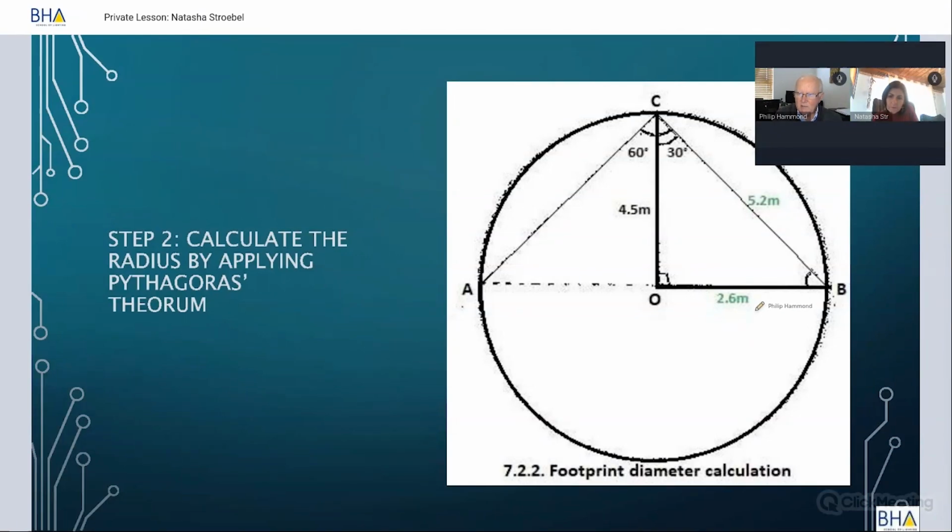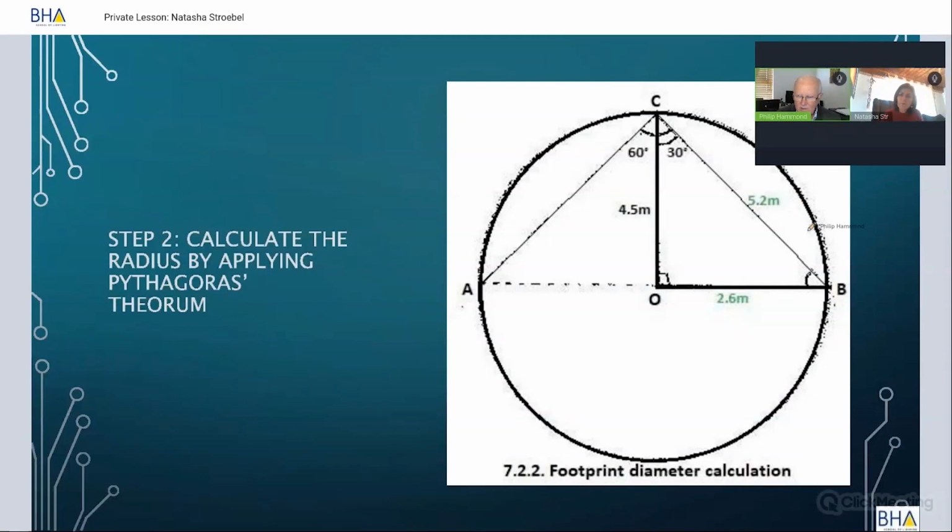So if it's 2.6 meters, and that's 4.5 meters, you know that C squared is equal to A squared plus B squared. So all you do is calculate that one out, 4.5 times 4.5, 2.6 times 2.6, and it will equal a certain value.